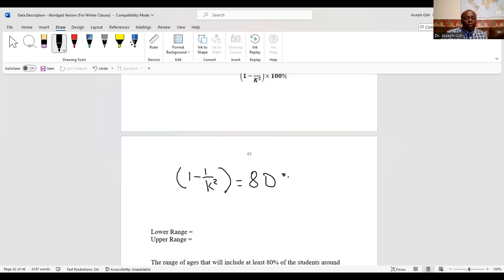Okay. So what it says, which means that, put it in another form.